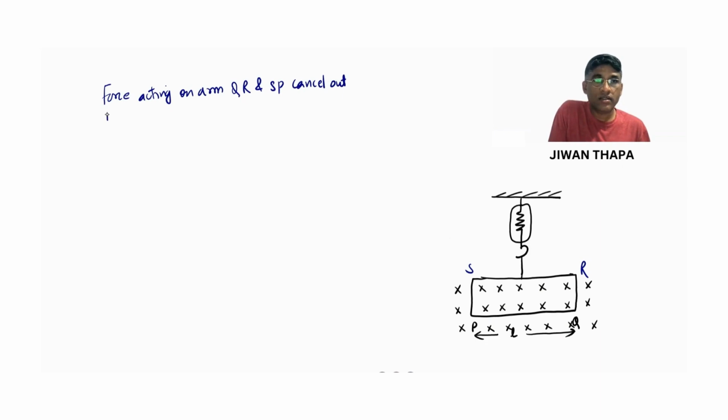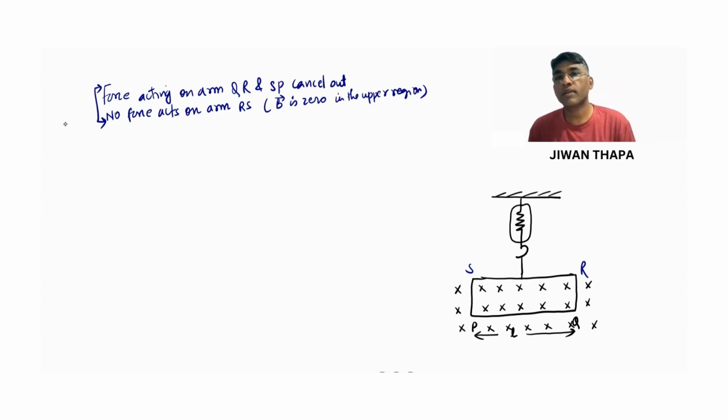And next, no force acts on arm RS. Why? Because magnetic field is 0 in the upper region. So we have this. So this is to be noted. Okay. We have this.